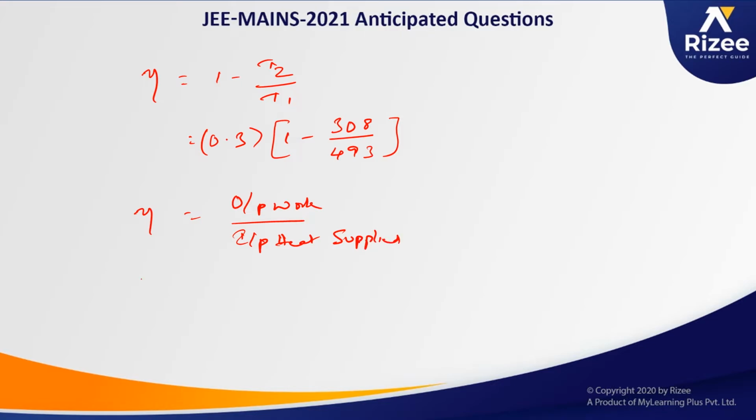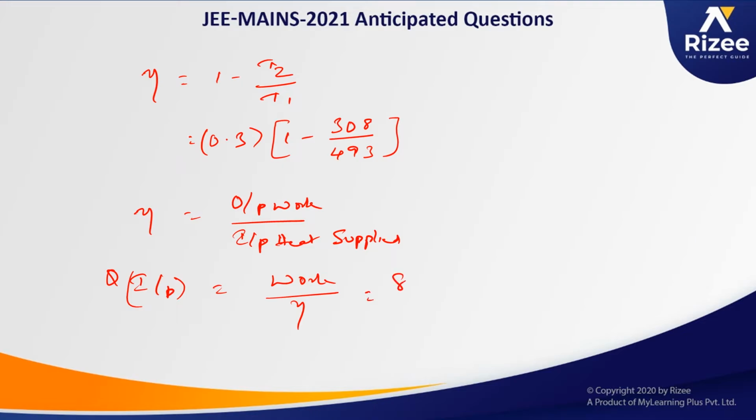Okay, so from this one we need the input heat, or Q input I am writing here, is equal to work done, that is output work done, by efficiency. So now you can substitute everything here and solve this one, please.